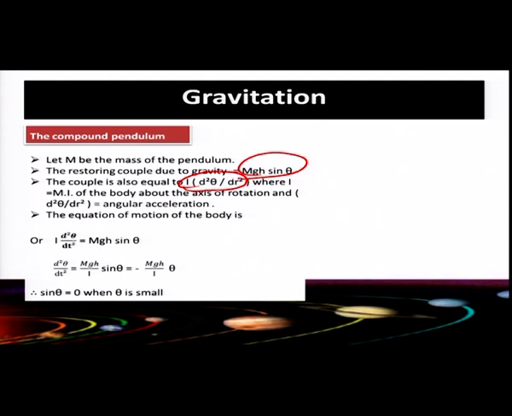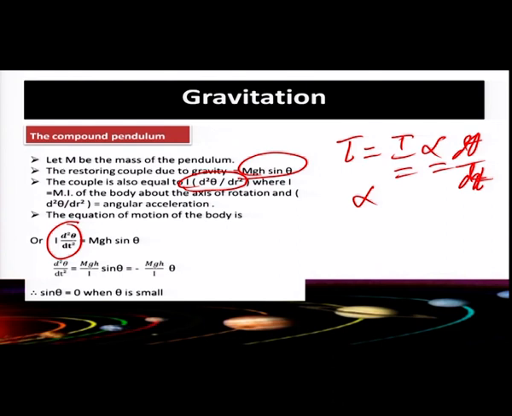Therefore, the equation of motion of the body, I into d squared theta by dt squared: we have the expression tau is equal to I into alpha, where I is the inertia and alpha is the angular acceleration. If theta is the angular displacement, then d theta by dt is the angular velocity, and d squared theta by dt squared is the angular acceleration.